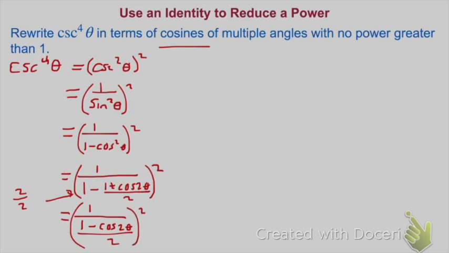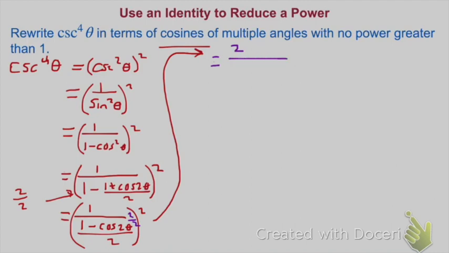All right, when you are dividing by 2 like this, we have 1 divided by 1 minus cosine 2 theta over 2. We want to get rid of this complex fraction. So if we multiply, technically inside the parentheses, by 2 over 2, the top becomes 2.